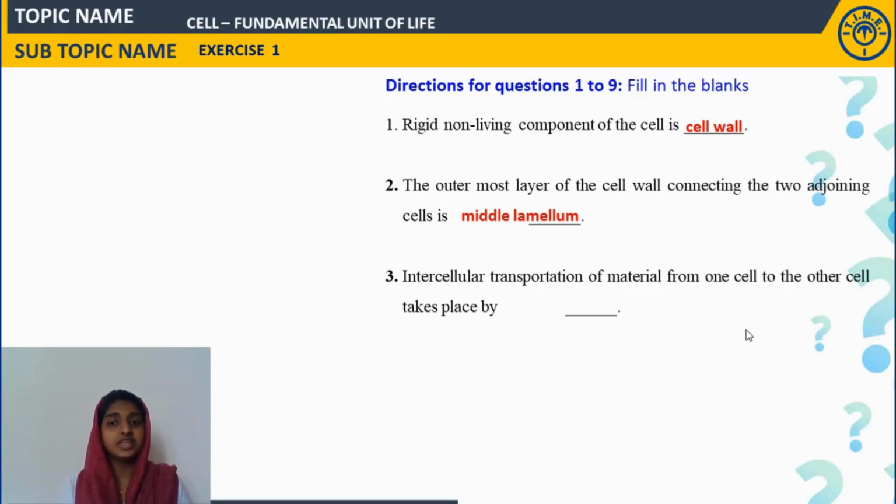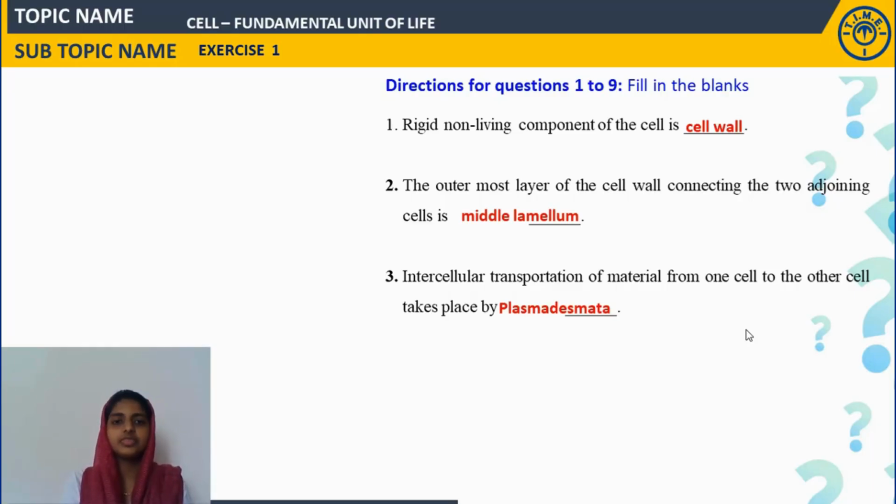It takes place through plasmodesmata. What was plasmodesmata? Plasmodesmata are cytoplasmic strands which connect two adjacent cells. I think you remember what I have taught you earlier. Plasmodesmata is a small cytoplasmic strand which connects one cell to the other cell, which helps in transportation of substances from one cell to another.